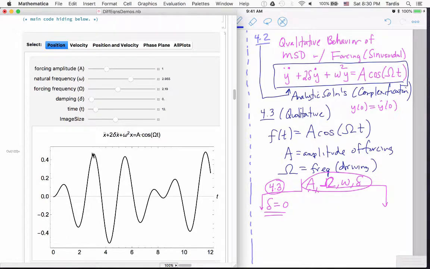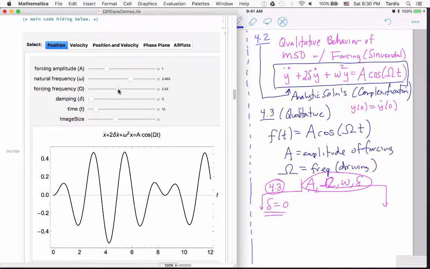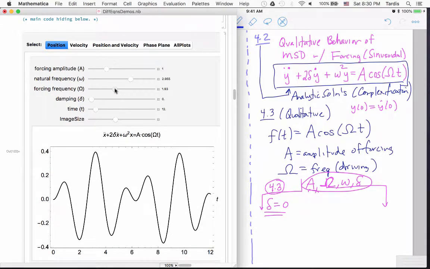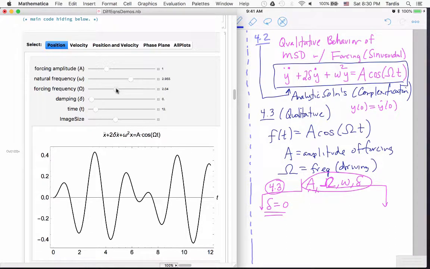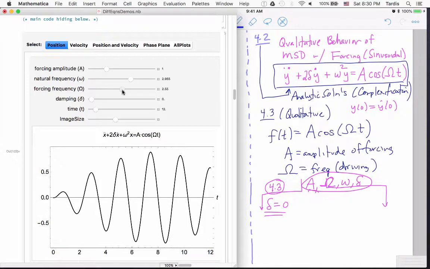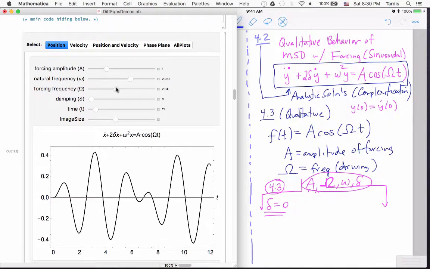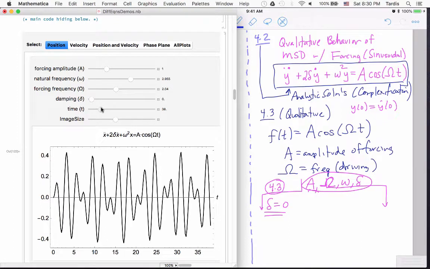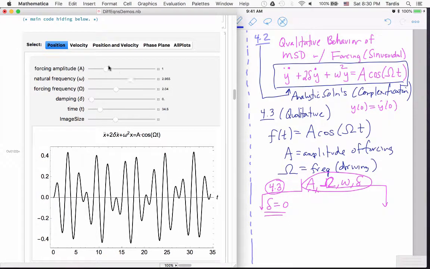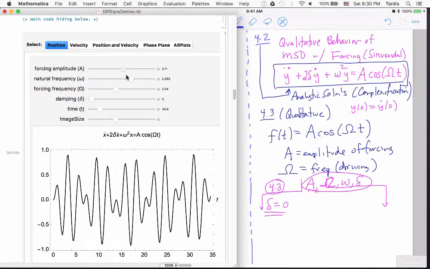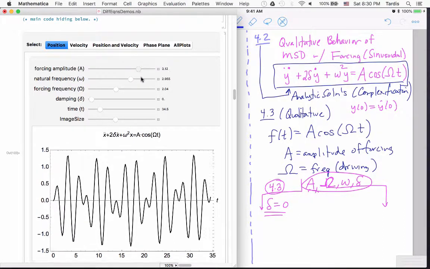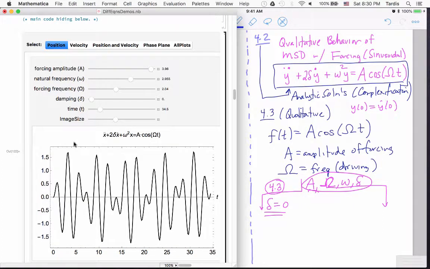We're seeing that the solution is just oscillating up and down for the value of capital Omega being 2. But no matter how I change Omega here, we seem to get these oscillations which keep happening. If I change the amplitude of the forcing term, the only thing that's changing is the bar over here showing that the oscillations are getting higher in amplitude.